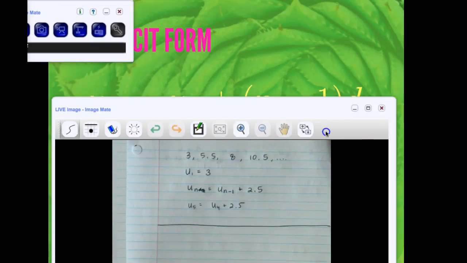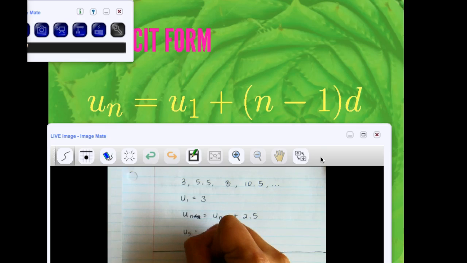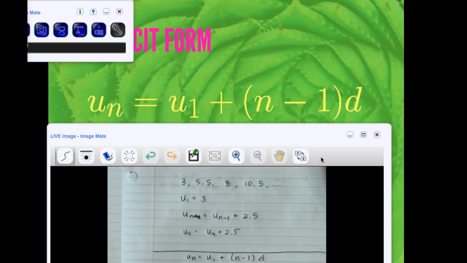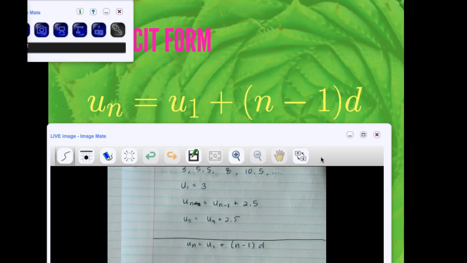Let's look at an example of how to find this form. So using that same sequence, 3, 5.5, 8, 10.5, if I want to find the explicit form, so u sub n is equal to u sub 1 plus n minus 1 times the difference for this sequence.